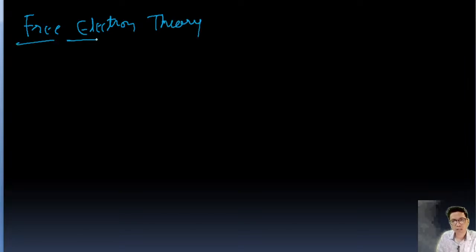It is also called the classical theory, which is outdated, but it's very important. It is also called the Drude model. We have already studied it in class 11th and 12th.